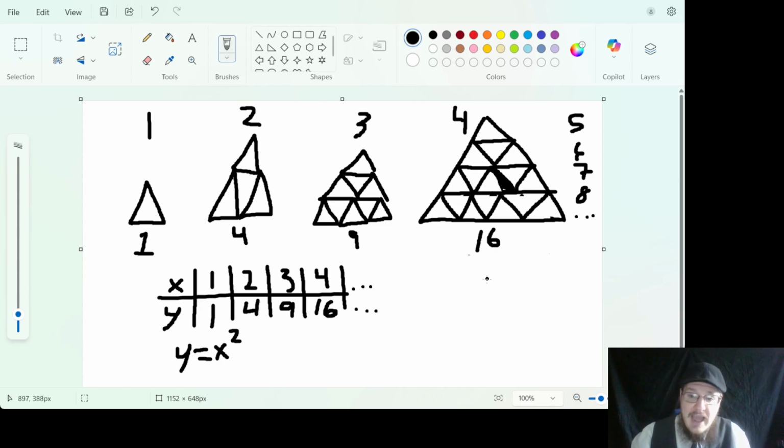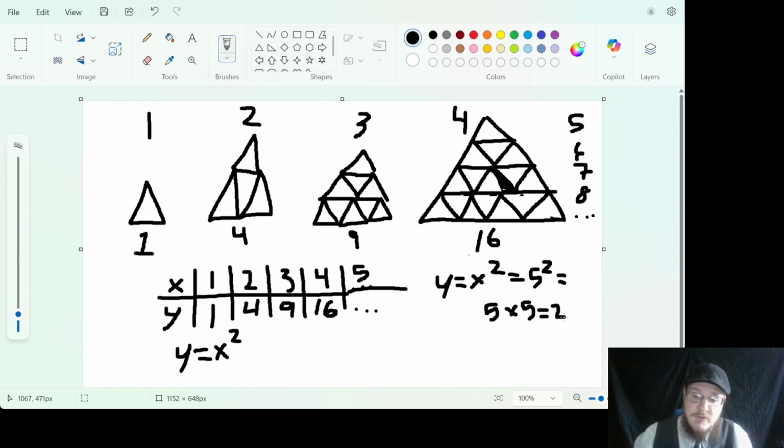Next one, main triangle comprised of 16 triangles, which is our fourth term squared. Now the next one we would have would be 5. We can continue this on, and we would have 5, and then plug that in. Y equals x squared equals 5 squared, which is 5 times 5, which, if you remember from our multiplication tables lesson, we have 25.